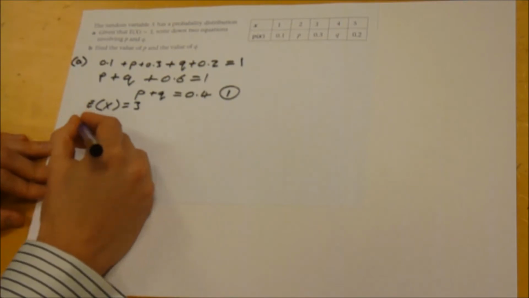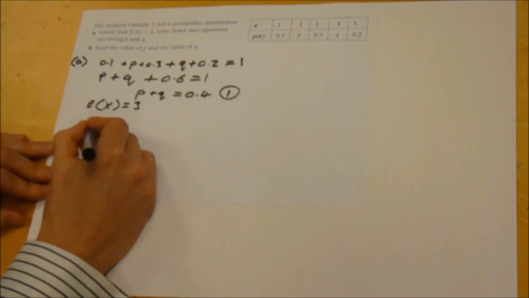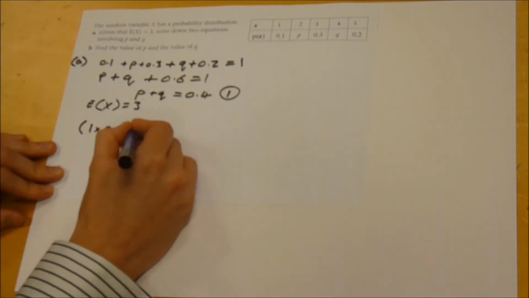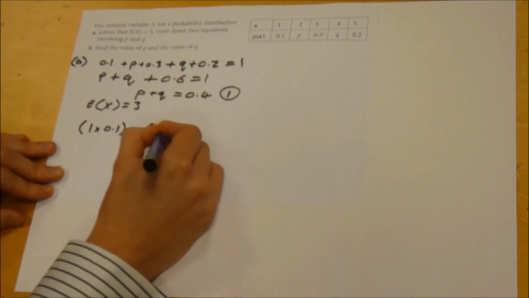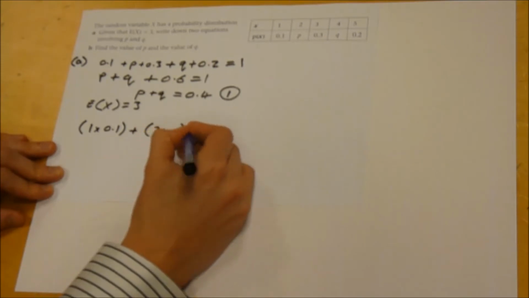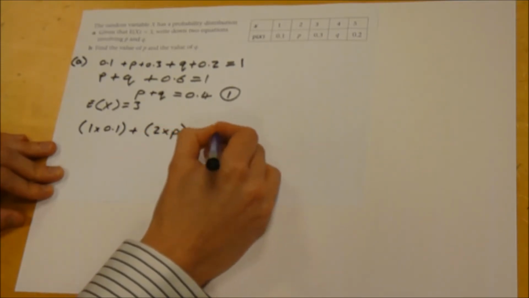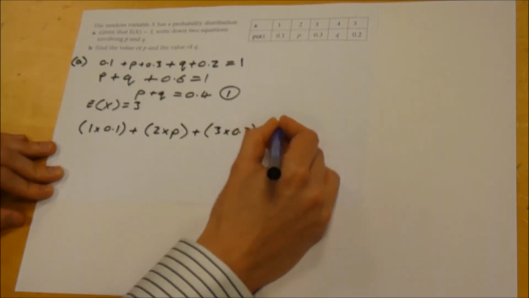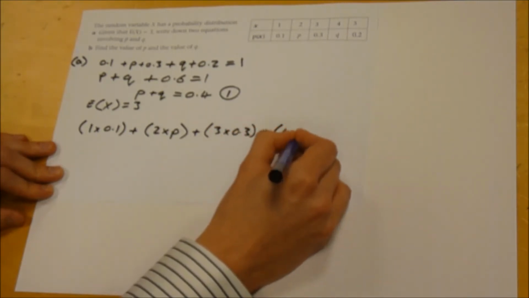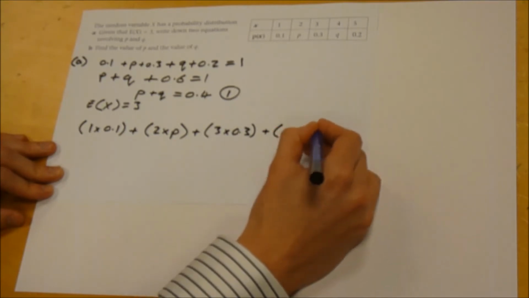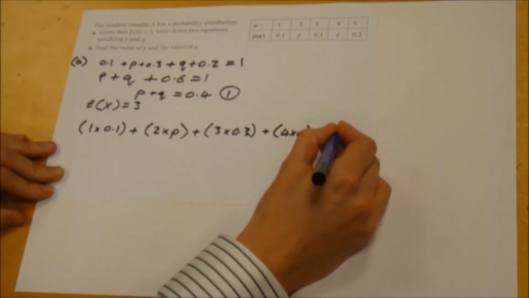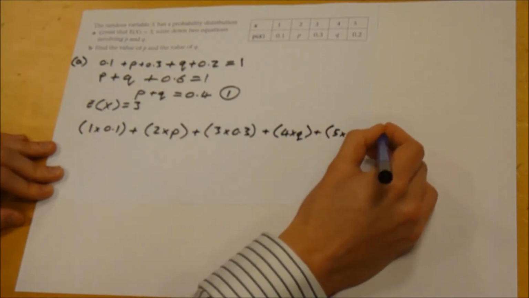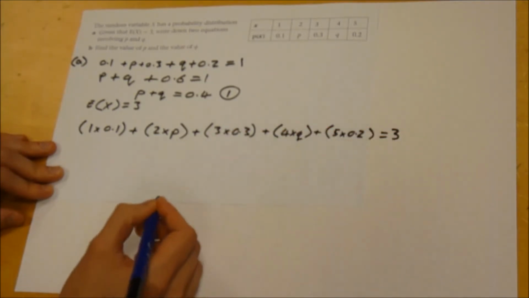So that gives me, for the second equation, 1 times 0.1 plus 2 times p plus 3 times 0.3 and 4 times q, and finally add 5 times 0.2, and all that is going to equal 3.